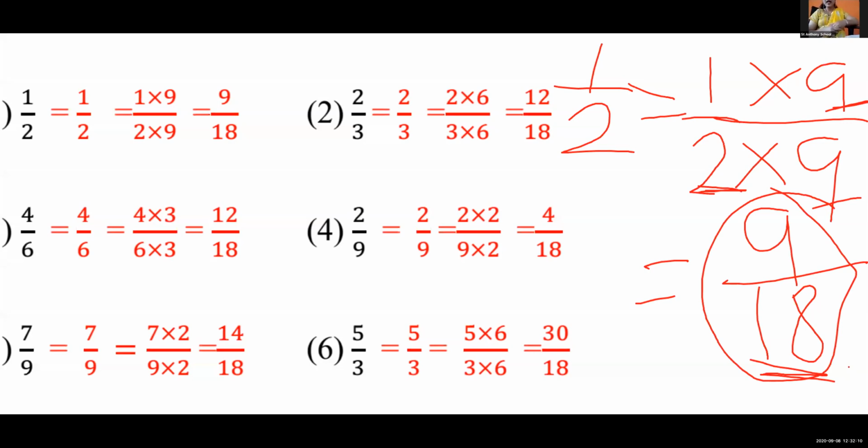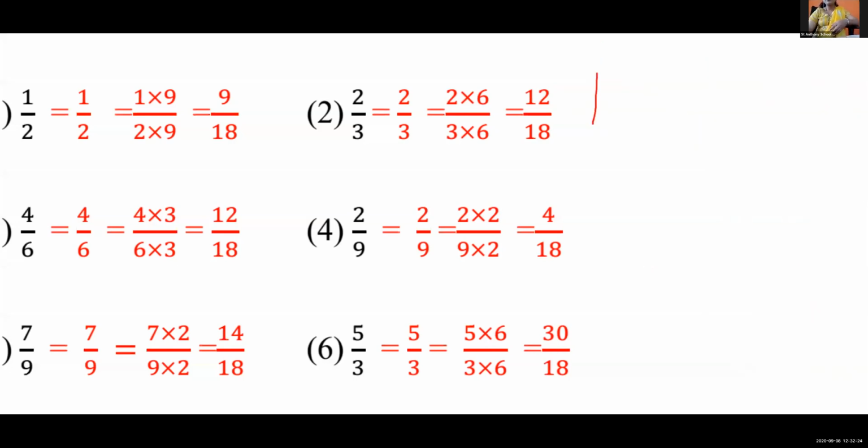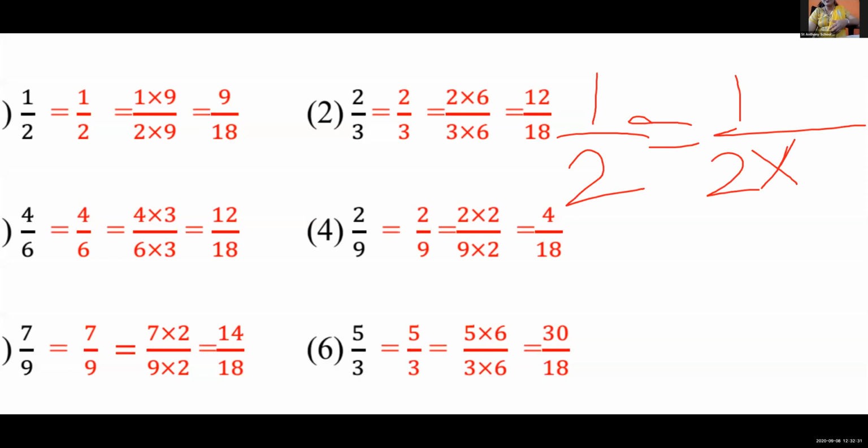Kuval is saying 9 is the denominator. No, Kuval, here 9 is the numerator in the answer, but here it is the multiplier. Okay, Kuval, 1/2 अगर हम लोगों ने लिया, and if we are multiplying this 2 by 9, here 9 is the multiplier.